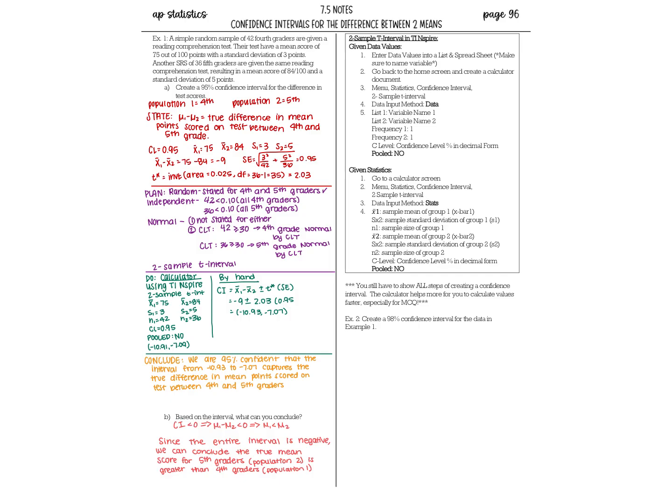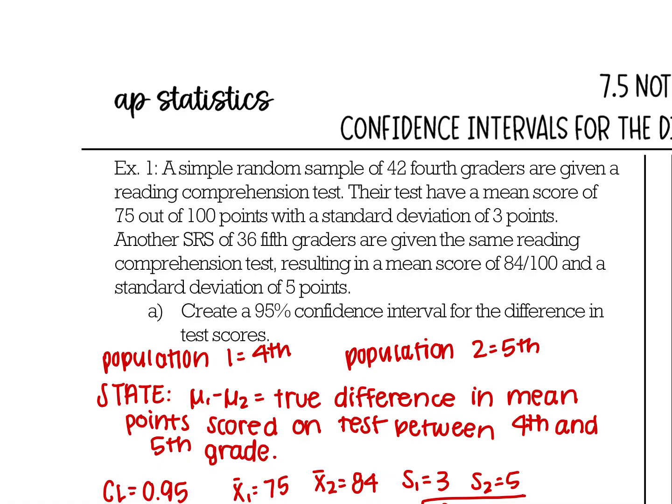Okay, let's dive into a quick example. Here we have a sample of 42 fourth graders, and we are looking at their reading comprehension scores. They have a mean score of 75 out of 100, and the fifth graders, where we have a sample of 36 of them, will have a mean score of 84 and a standard deviation of 5.